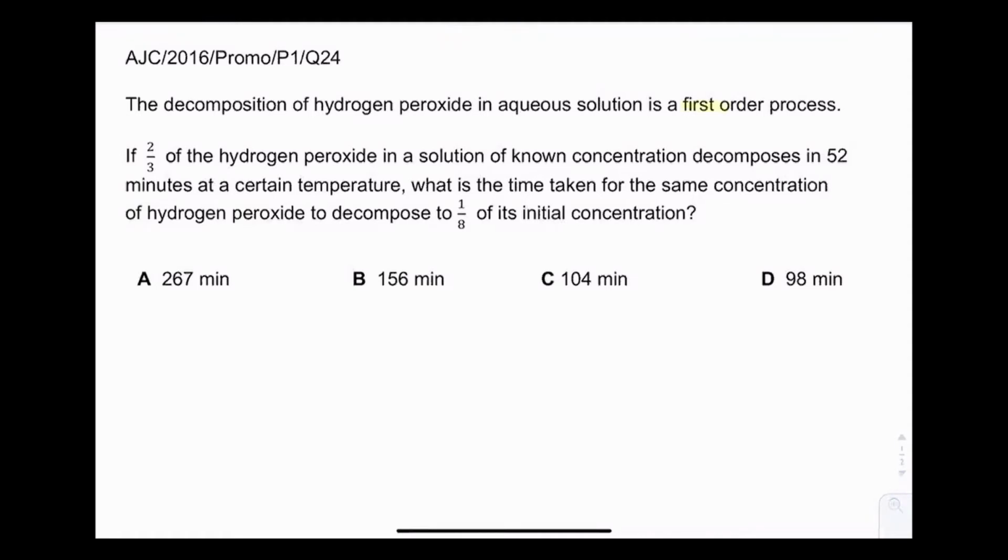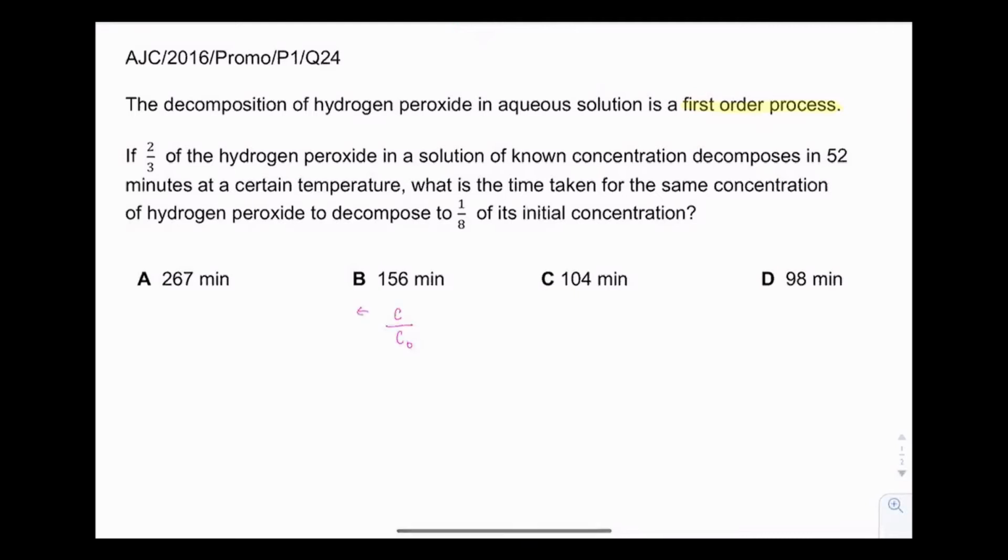So over here, if it's a first order process, we'll know that we can apply this formula. This is a new formula and some schools actually do not teach it, so please take note of it as it's pretty useful in this type of question. The equation is C over C0. What is C?